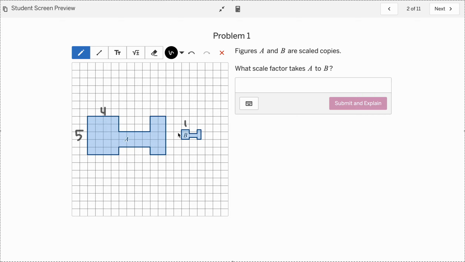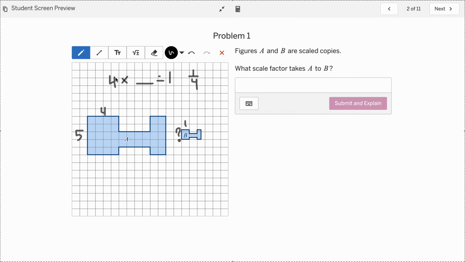So I'm going to use that as my kind of determiner. In order to find this side length, I have to figure out what my scale factor is. So I know that if I have 4 and I'm needing to get to 1, 4 times something is 1. And if I divide, that's going to be 1/4.